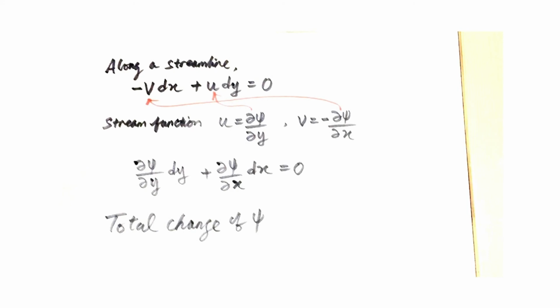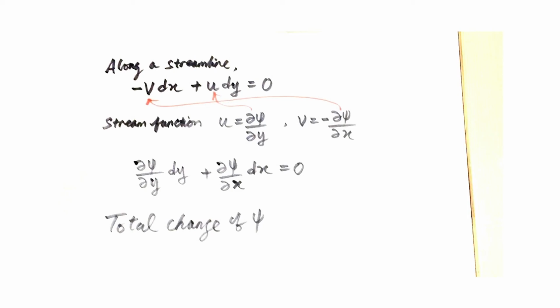The reason is the total change in psi is because del psi by del y is the rate of change in the y direction, and that multiplies with dy means the first term here is the change of psi in the y direction, while the del psi by del x is the rate of change in the x direction.